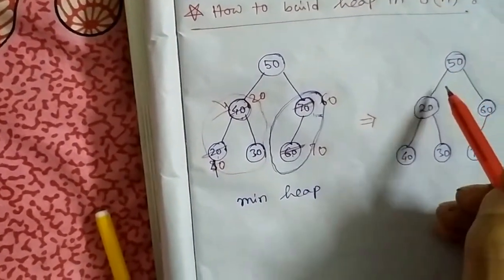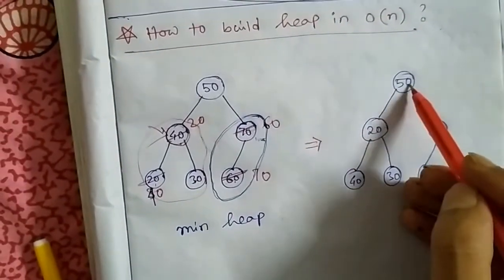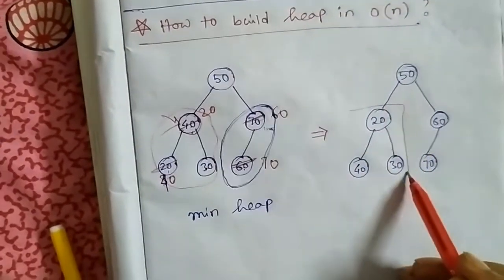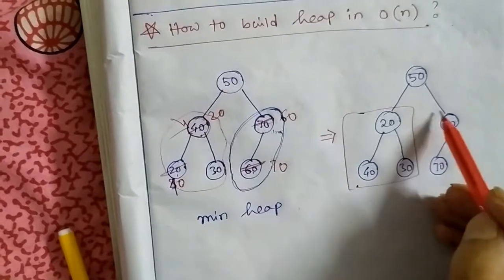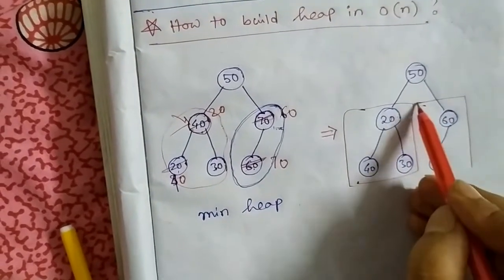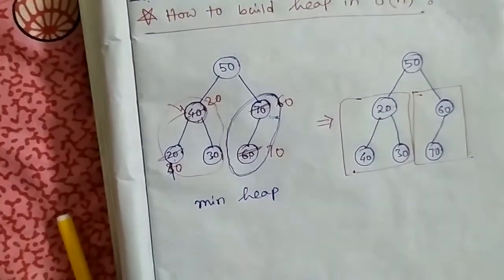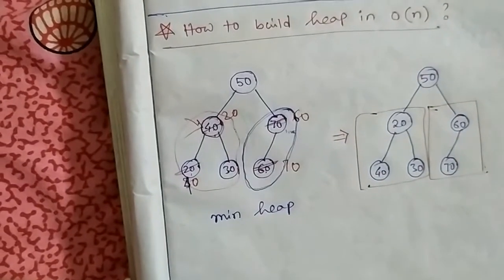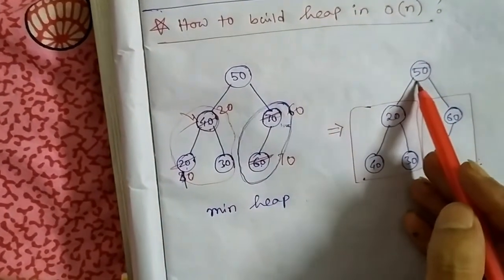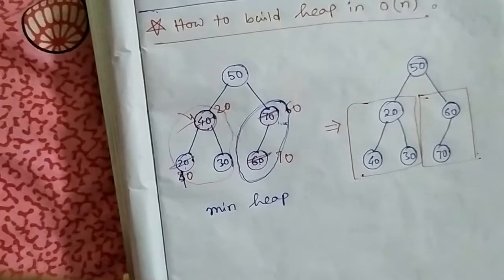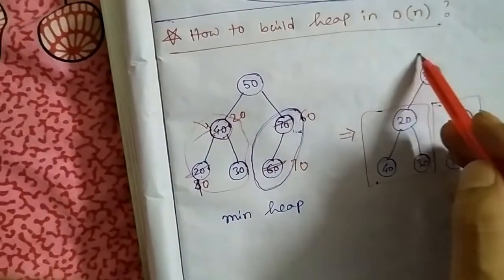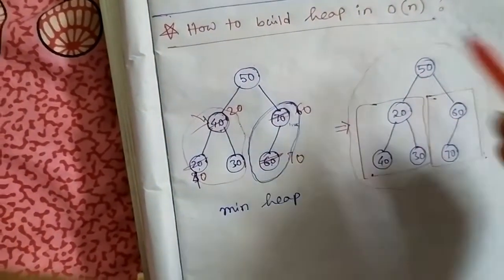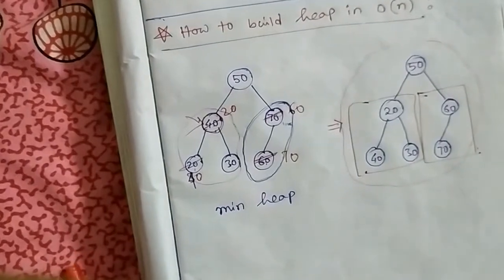So the left subtree of 50 is a min heap, and the right subtree of 50 is also a min heap. Now I have to check whether 50 is in its proper place or not. That means considering all the elements, whether this is a heap or not.